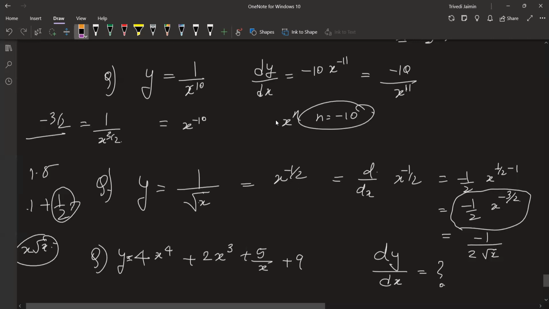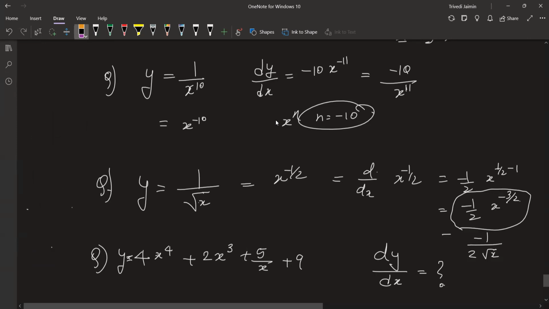So I can change this whole thing as minus 1 by 2x root x.